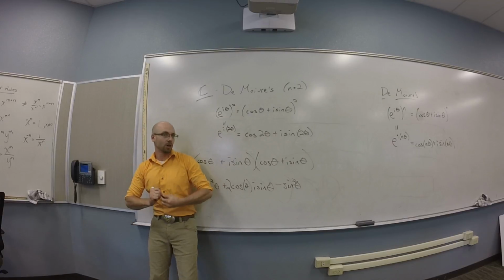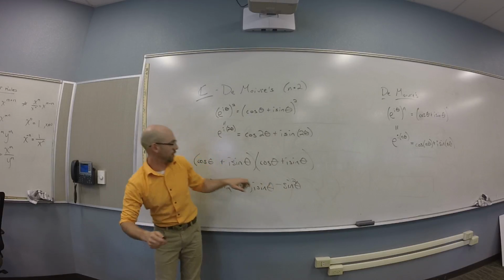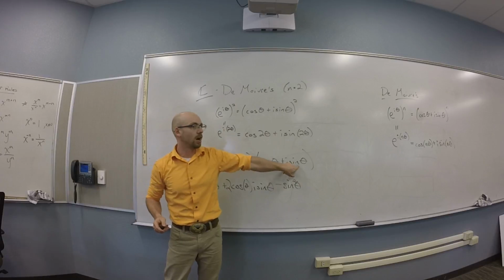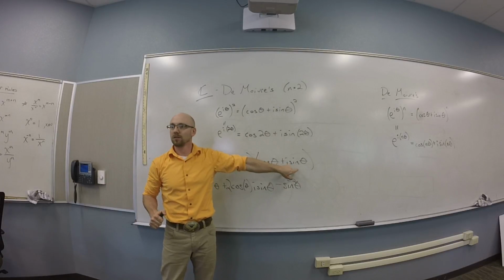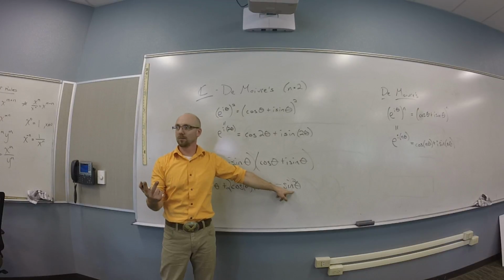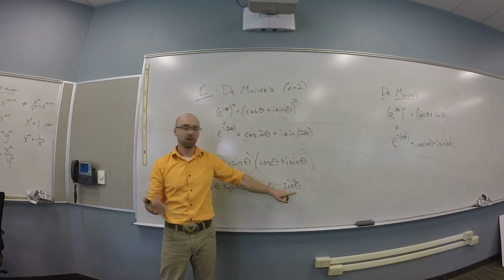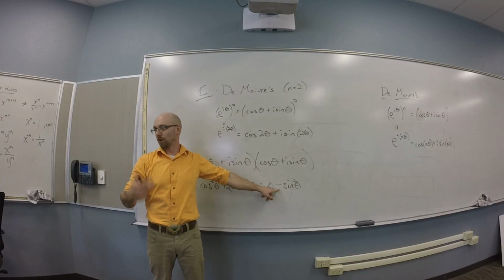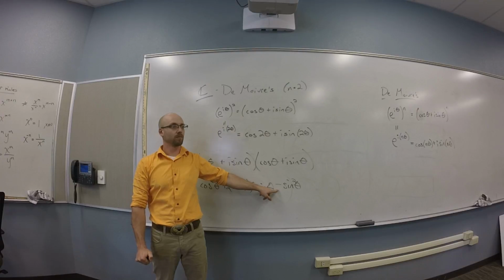So the last term should be i sine theta times i sine theta. So there's a sine squared and an i times an i, which means there's a negative 1. And I would have been adding this, so I'm just going to subtract it. You guys cool with that?